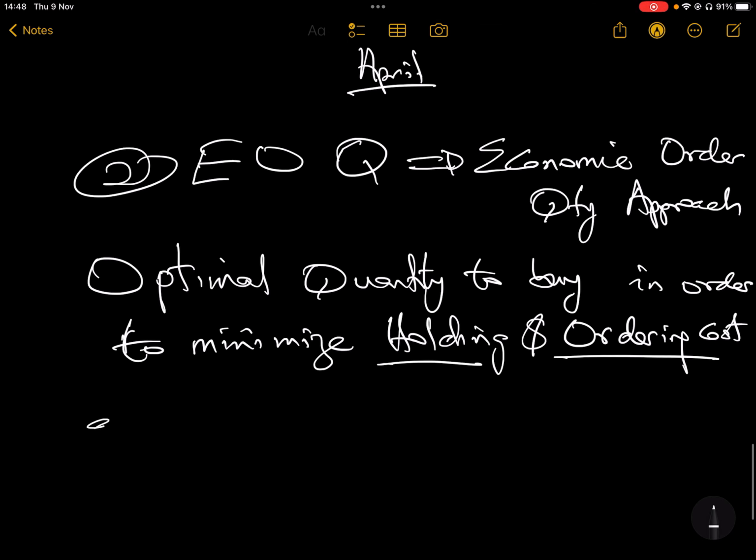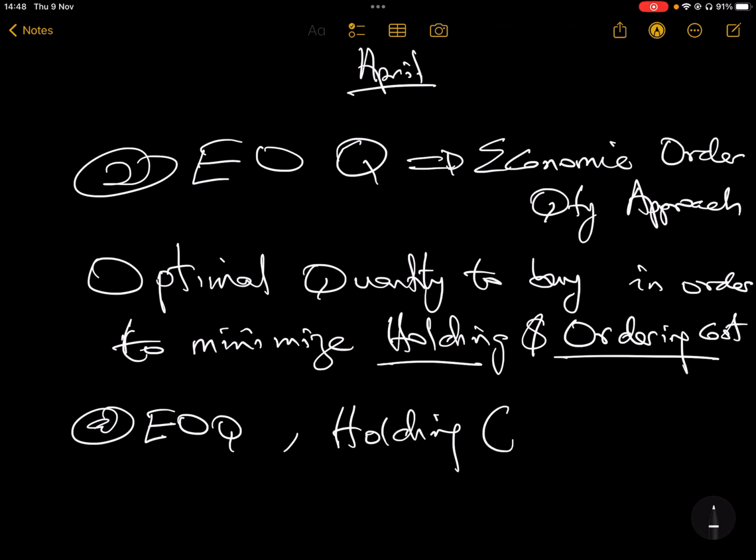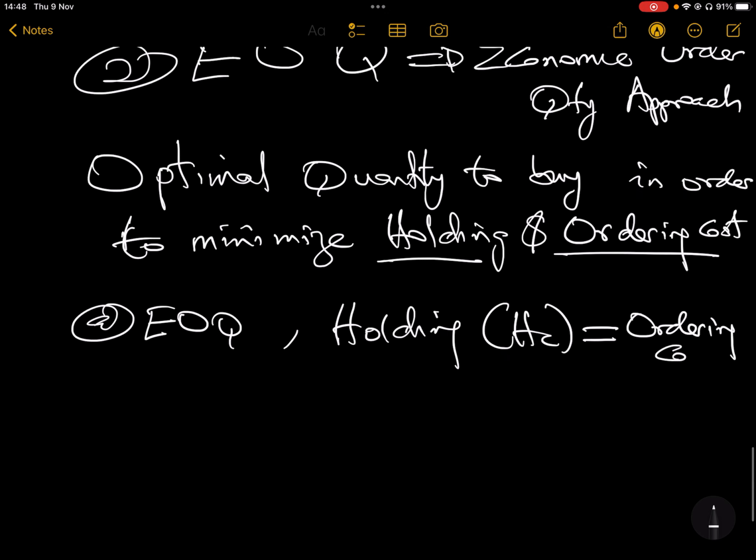And that is why when you are using the EOQ approach, your holding cost, which I'll represent as HC, is always equal to ordering cost. I'll call this OC.